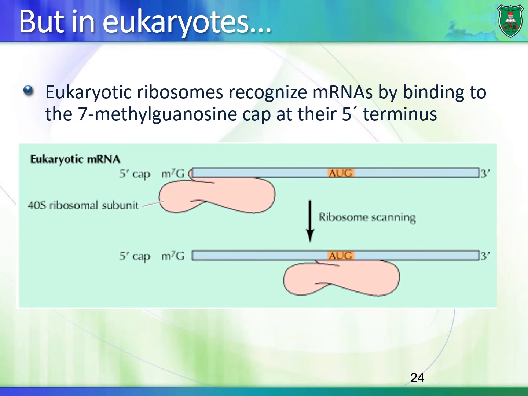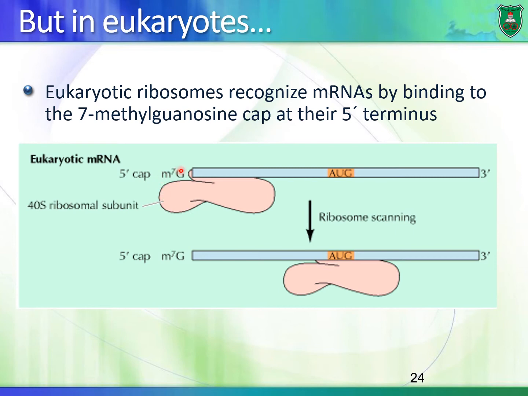Well, how about eukaryotic cells? Do they have a Shine-Dalgarno sequence? Well, there's some indication that it may or may not. It depends on the messenger RNA, but what's important is the cap itself. The small ribosomal subunit recognizes the cap. Remember how I said one of the functions of a cap in messenger RNA is to help in translation?